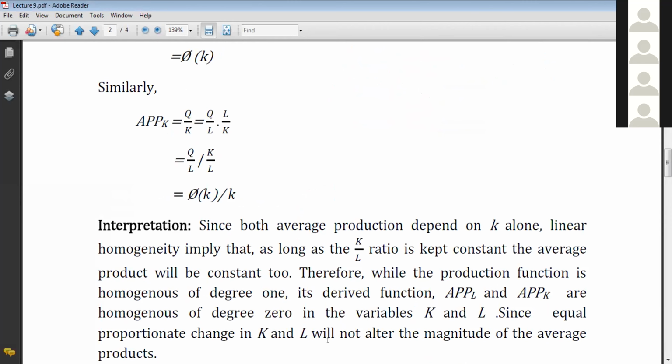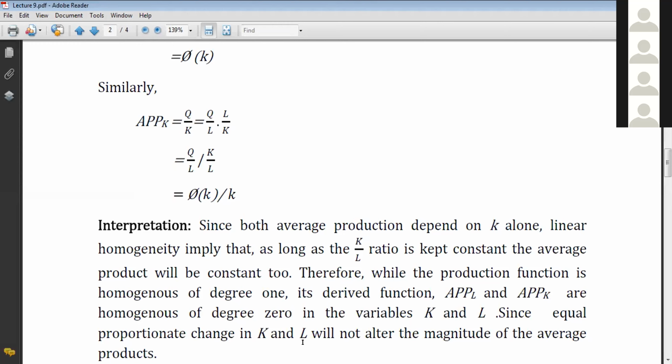Therefore, while the production function is homogeneous of degree 1, its derived functions, the average physical product of labor and the average physical product of capital, are homogeneous of degree 0 in the variables capital and labor.